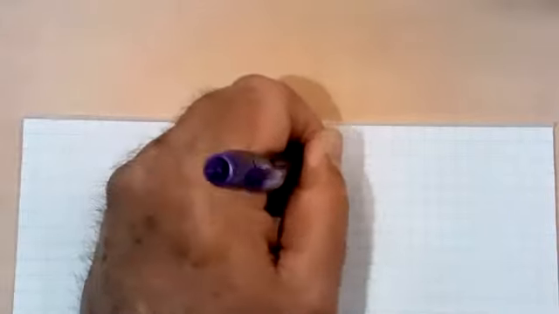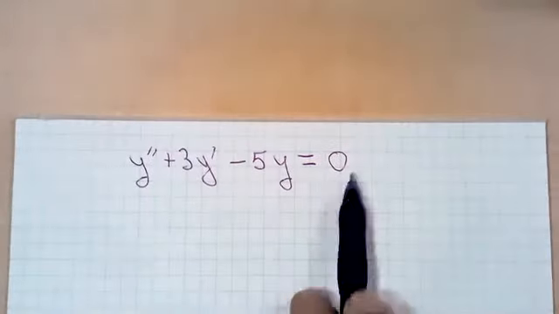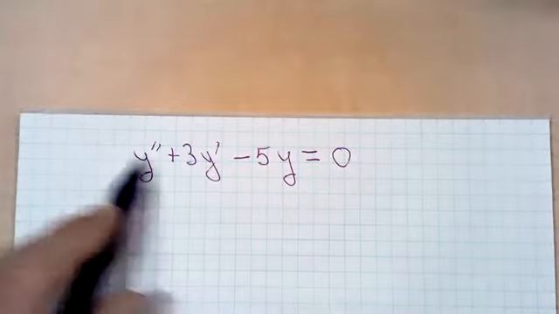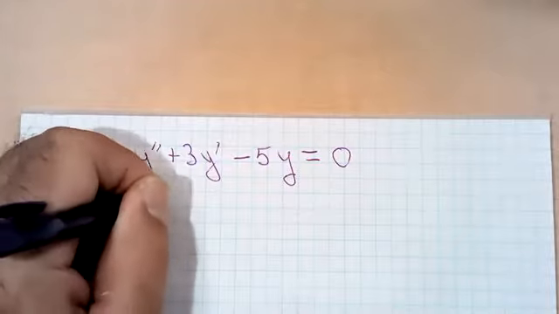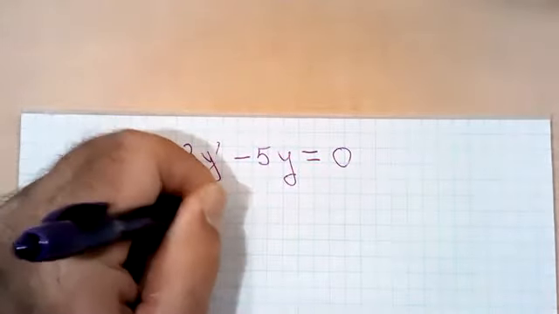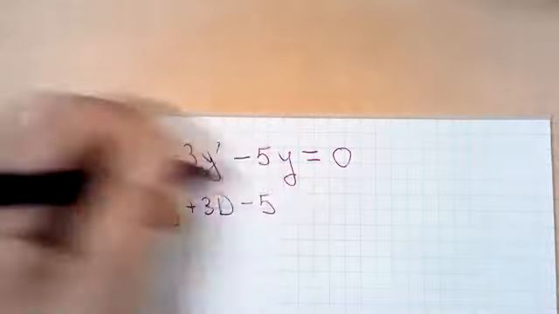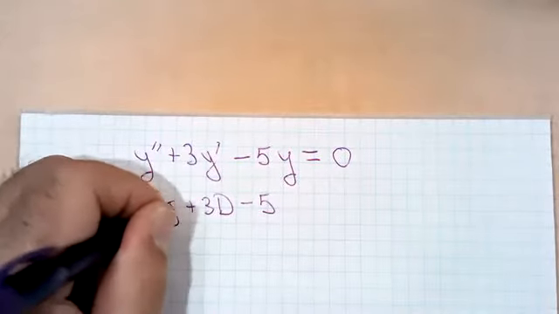Okay, one last thing. You will see this. I'm just making up a differential equation. Now this could be equal to anything, but we can make it a zero. You will see this sometimes written this way: D squared... well, no, the y shouldn't be there.